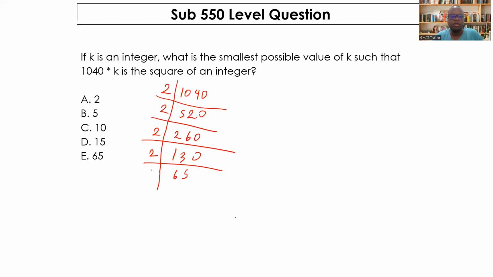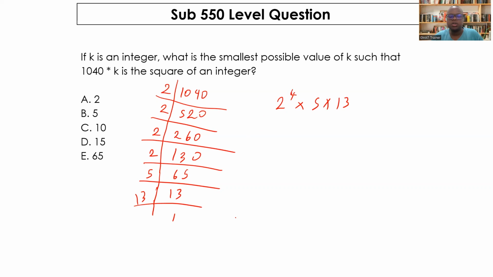The next prime number here now is 5. We'll go here 13. Then 13 will go here once. So you have 1, 2, 3, 4: 2 raised to power 4 times 5 times 13.